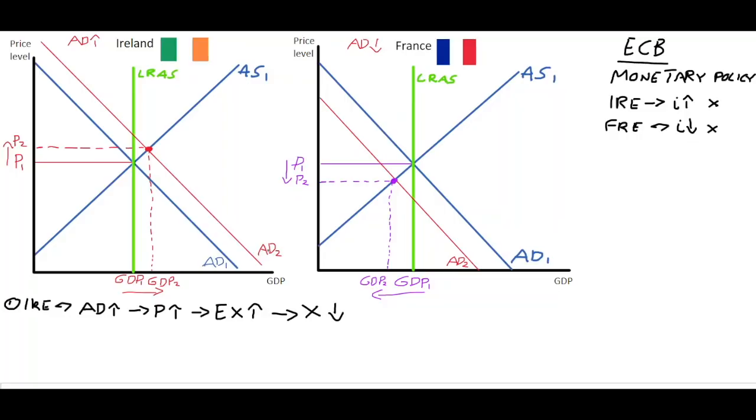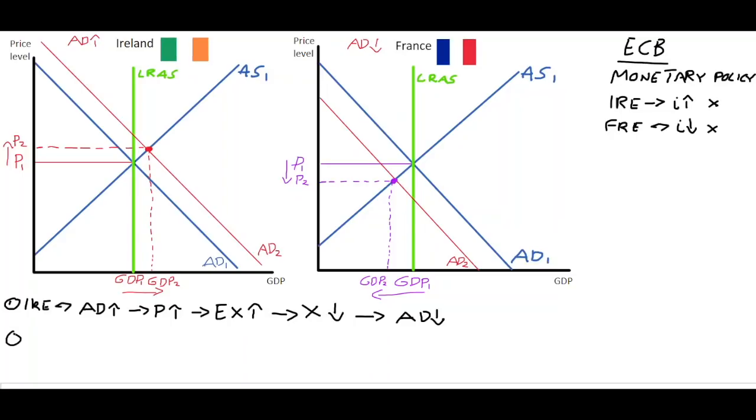Exports are a part of aggregate demand. Therefore, as exports drop, so too would aggregate demand, and therefore this would be an automatic adjustment, because with too much demand in the economy, aggregate demand would drop back because of the decrease in exports. So that would automatically reduce and eradicate that inflation gap.